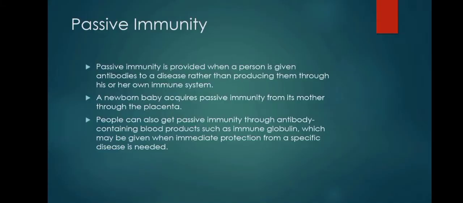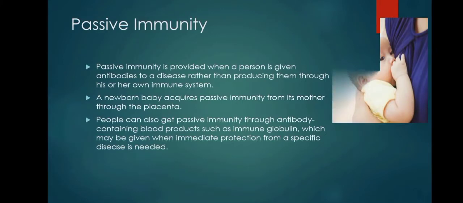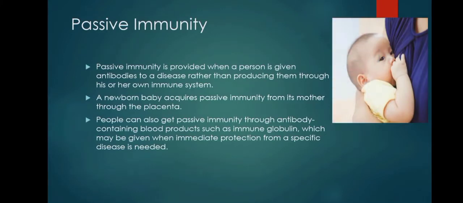Another immunity is the passive immunity. Passive immunity is provided when a person is given antibodies to a disease rather than producing them through his or her own immune system. And also, a newborn baby acquires passive immunity from its mother through the placenta. Passive immunity is borrowed from another source and it lasts for a short time.